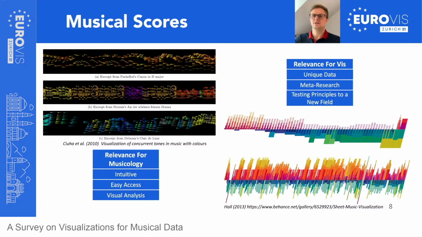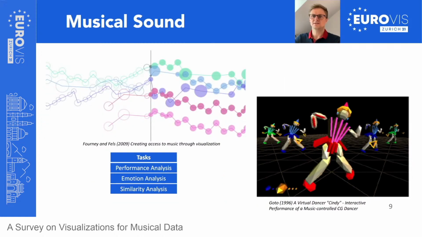A third benefit lies in the support of analyzing music. As seen in the arc diagram example, structural features of musical works can easily be highlighted, giving faster insight into such patterns and features.